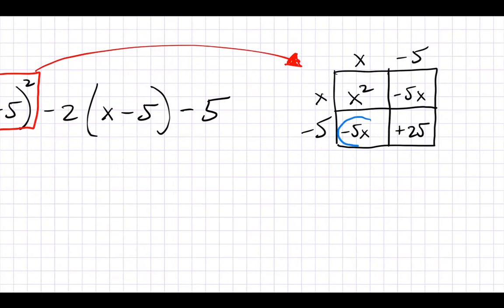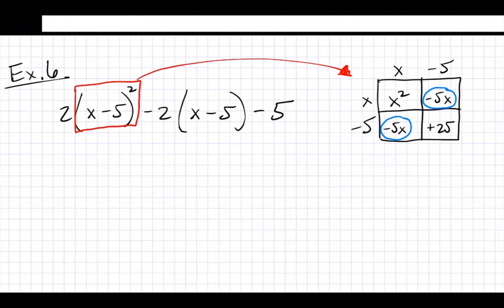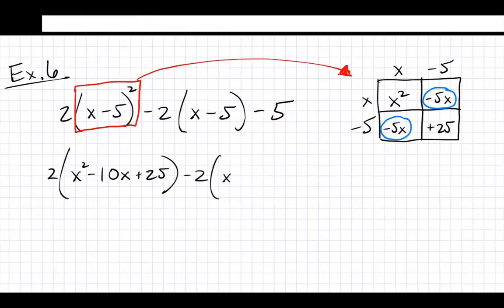Combine some like terms over here. Now I'm going to replace it. I'm going to replace that in here. So everything's going to stay the same. The only difference is I'm going to write it like this, because I needed to do that to take care of exponents first.